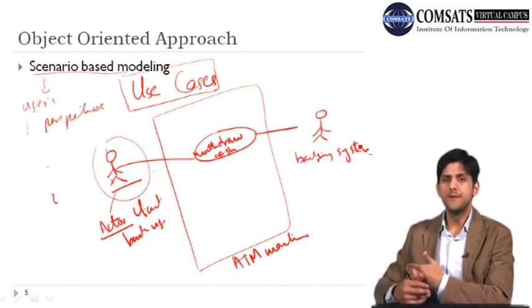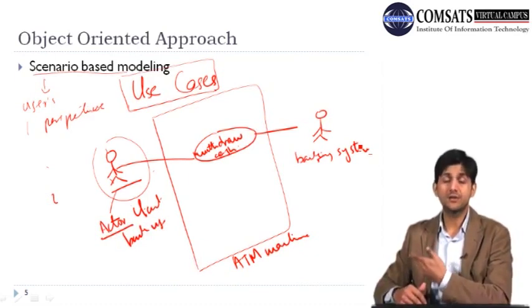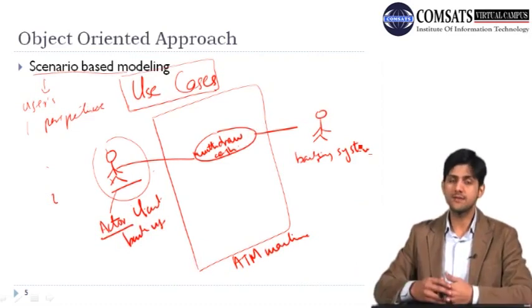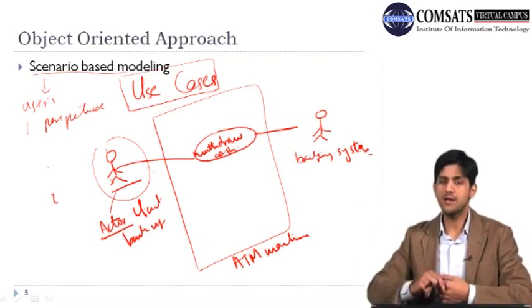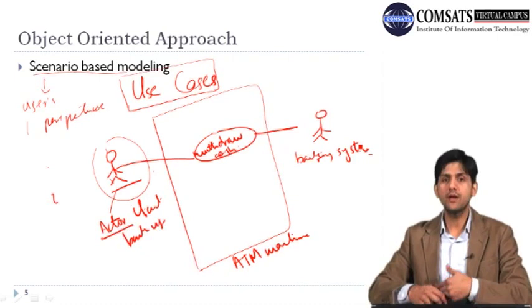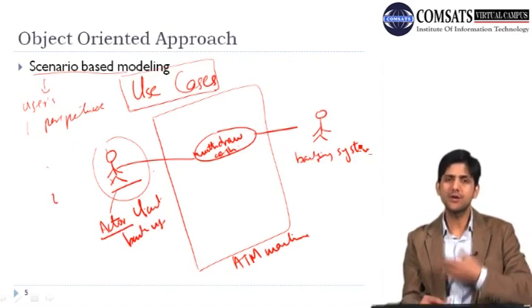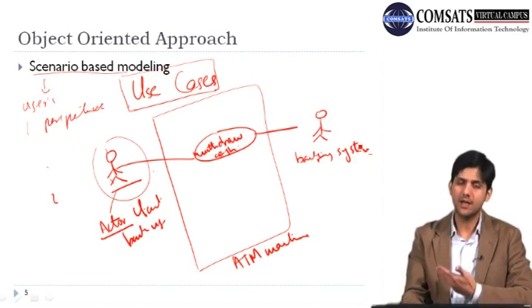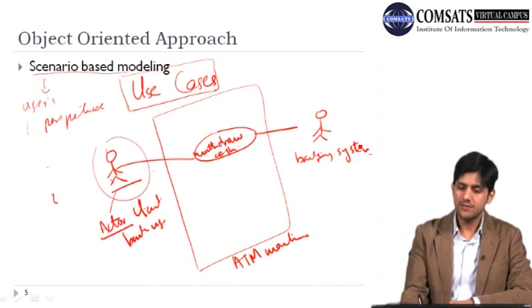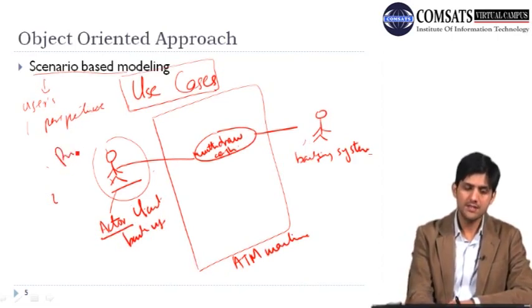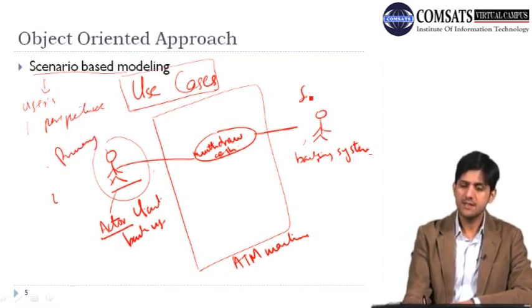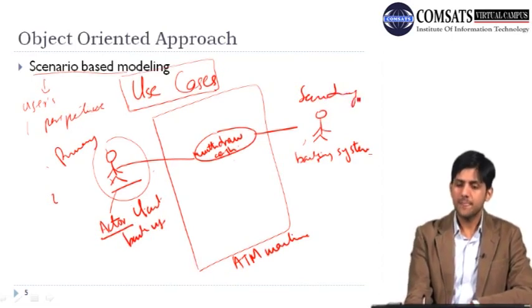Similarly, whenever the user says that my account type is current or savings, we need to go and talk to the banking system to check whether this guy has pressed this button incorrectly or whether he is right. Similarly, when you want to withdraw cash or inquire about your balance, you need to check with the banking system. So whatever transaction you are trying to do in an ATM, there will always be a secondary actor, that is the banking system. In this particular scenario, this is the primary actor, and this is the secondary actor.